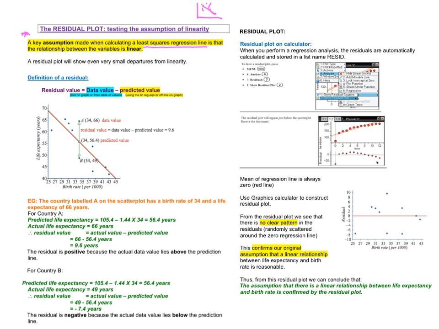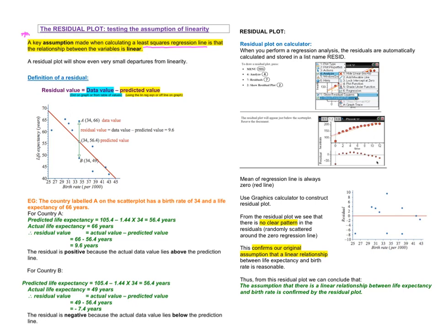So the key assumption made when calculating the least squares regression line is that it is linear. You're asking the calculator to create this straight line pattern, so you're making an assumption that you think the data is following it.